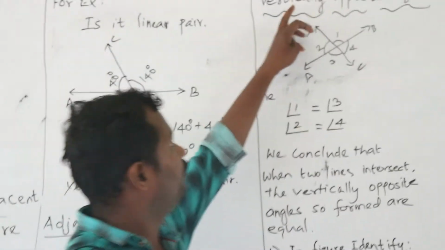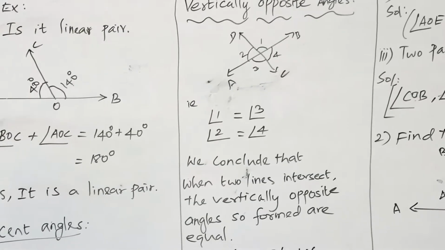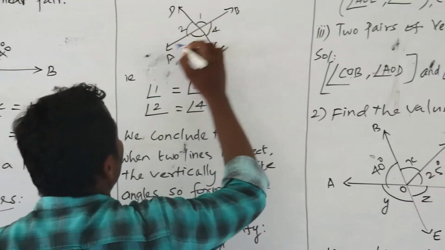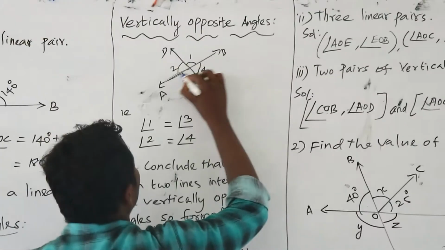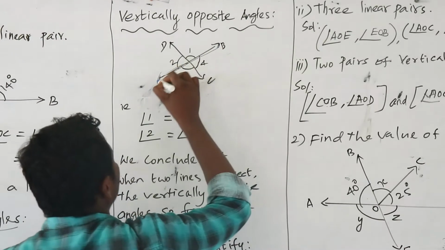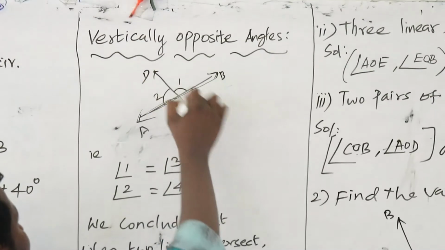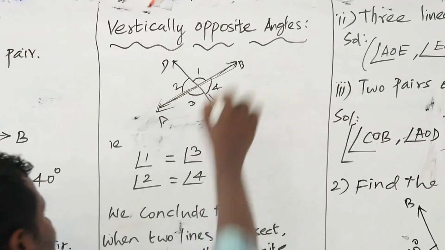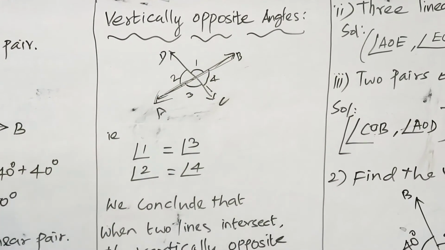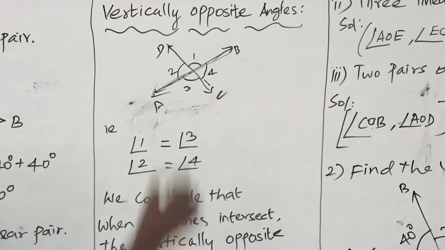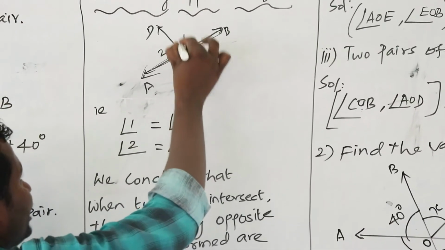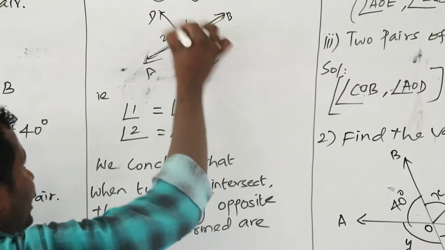Next, vertically opposite angles. This is a ray, another ray, so it is considered as a line. And this is another line. These two lines intersect at O here.